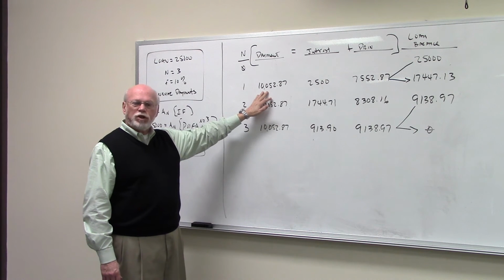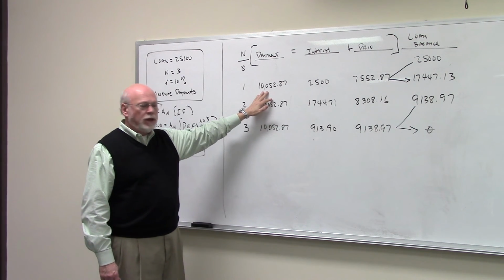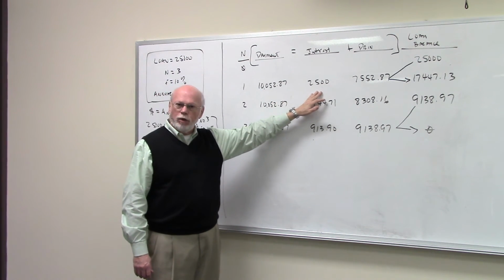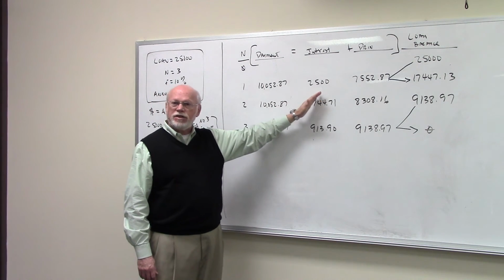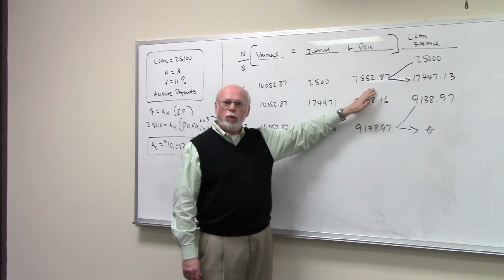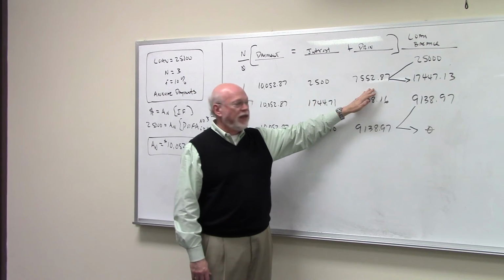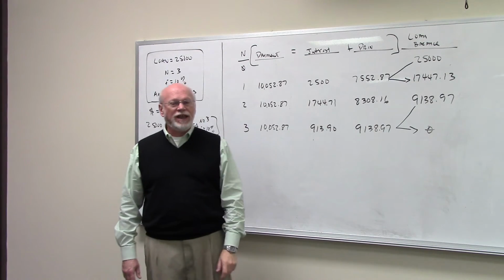So when we make our first payment to the bank, $2,500 of that loan payment will be interest. The difference, the payment minus the interest, is the principal portion of the first payment, which in this case is $7,552.87.